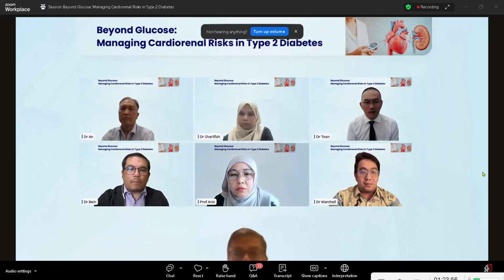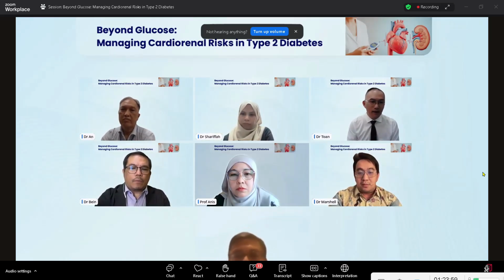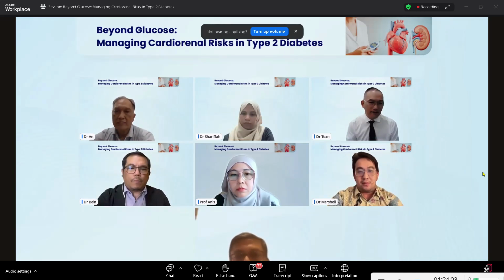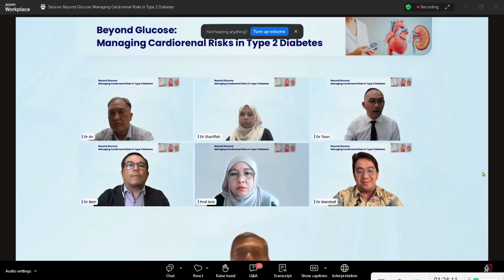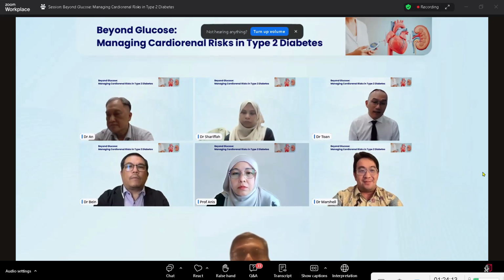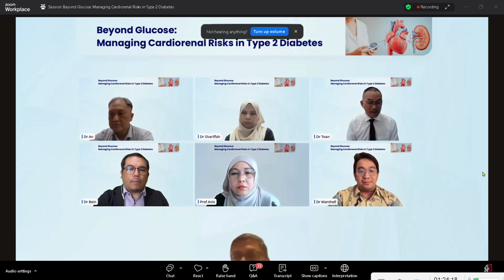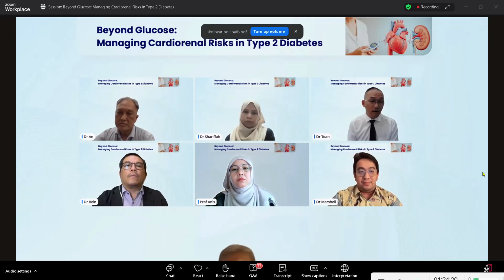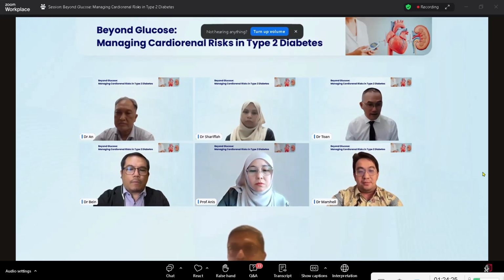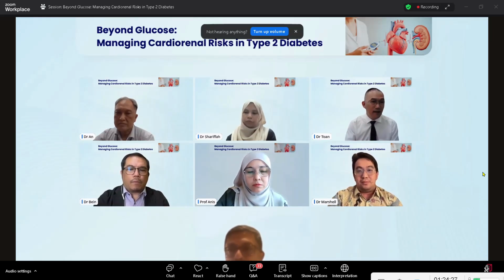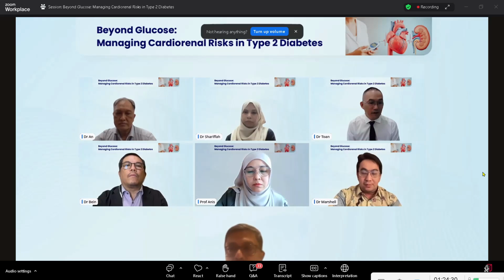We do the estimated glomerular filtration rate at least one time, depending on whether they are newly diagnosed or have long-standing diabetes. Second, we check for albumin in the urine. We do the urine albumin-to-creatinine ratio together with eGFR once a year.